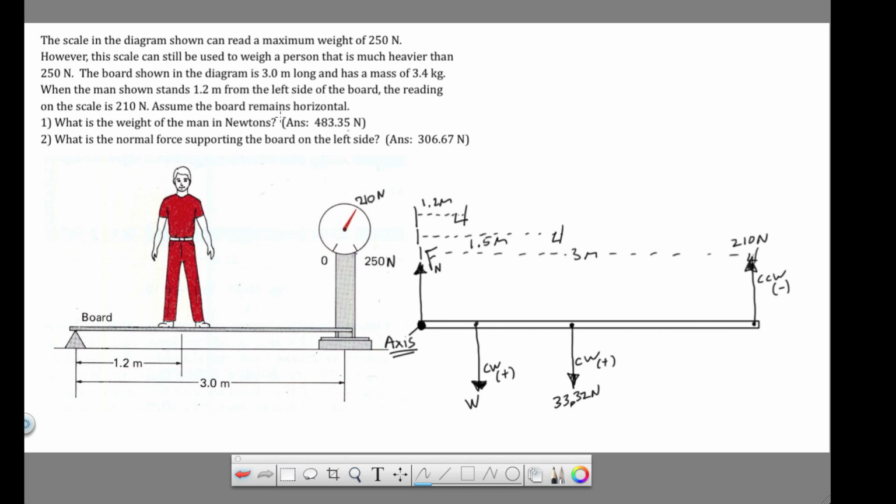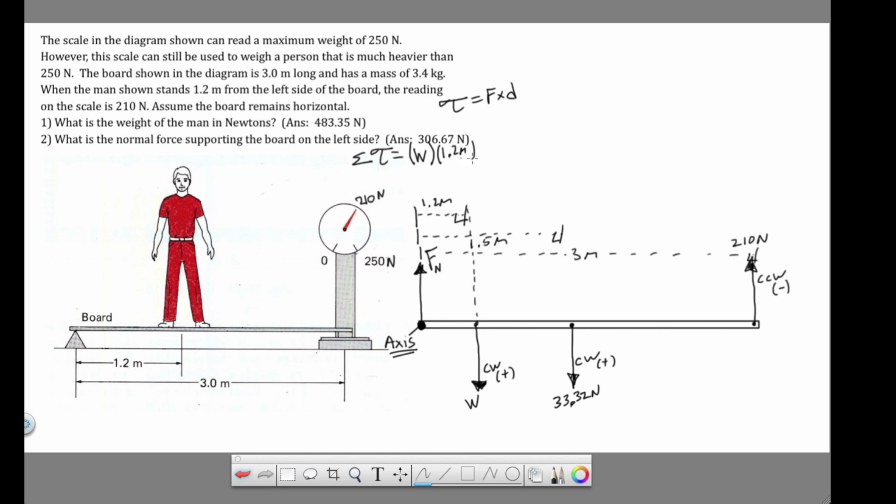Okay, so the answer to the first question lies in the summing of the torques. So summing the torques, starting with the weight of the man. So we have W, which is the force. And again, the torque equation is just force times lever arm. So the force for this torque is W, and the distance corresponding to it is this 1.2.